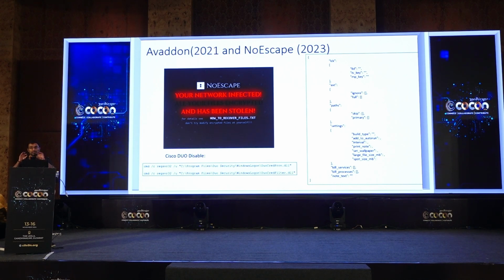A file could get a packer on top, or it can be in RAM, and then your YARA rule would obviously fail. Luckily, the first version of NoEscape that came in 2023 was not packed. So my YARA rule, which was on the unpacked version of Abaddon, had the same strings in 2023's NoEscape. And that's how I found the first binary.